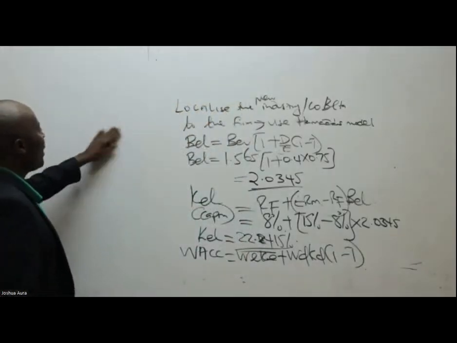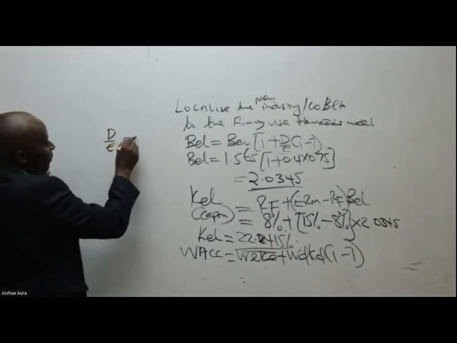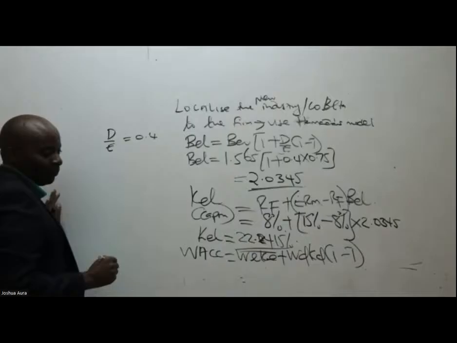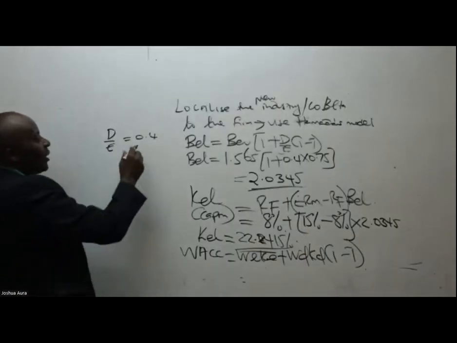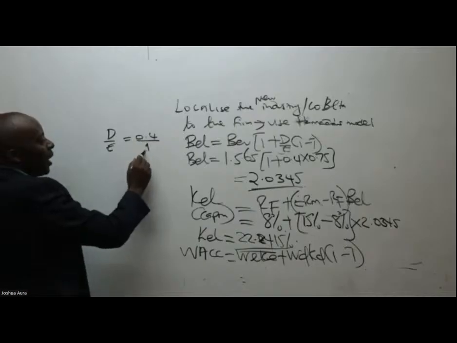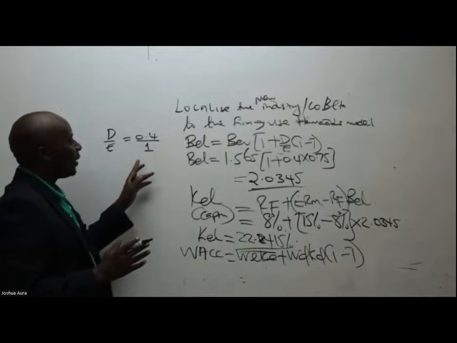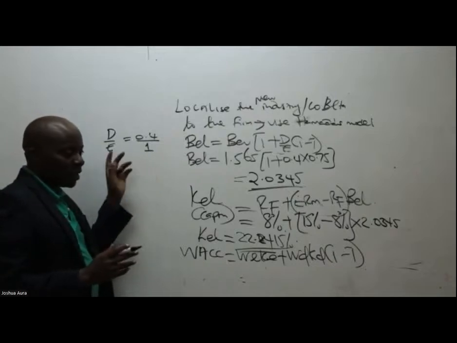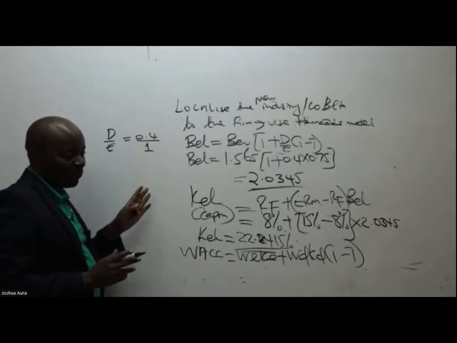When you are told here that the debt to equity ratio is 0.4, you're supposed to know that this number has got an implied quotient. All the numbers, wherever they sit, have an implied quotient, which is 1. You see, 0.4 divided by 1 is 0.4.